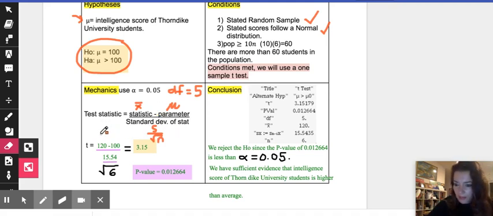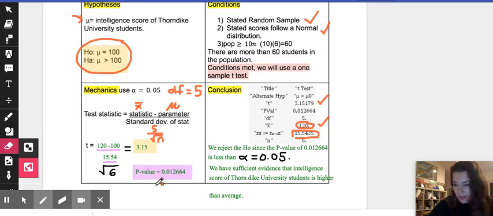Now plugging in the numbers, our X bar, which is given right here, is 120. That is our sample mean. Our parameter is 100. The standard deviation is right here, 15.5435 divided by the square root of our sample size, and our t-score is given right here. I plugged that in as 3.15.